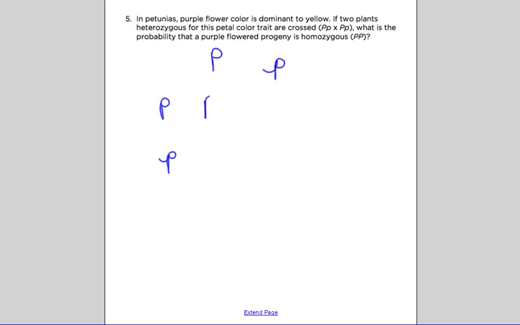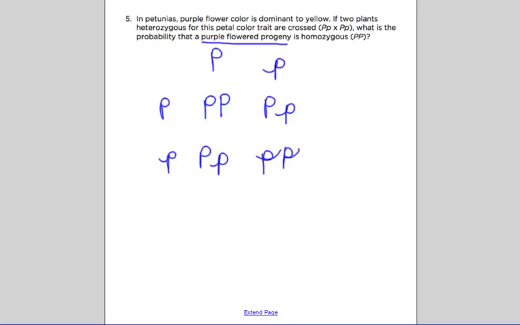So you get 1 homozygous dominant, 2 heterozygous, and 1 homozygous recessive. So as you can see, 1/4 of the offspring is homozygous big P, big P. However, the question asked, what is the probability that a purple flower progeny is homozygous?